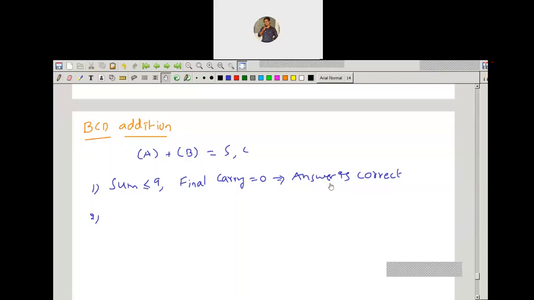The second case is when the sum is less than or equal to 9 as well as the final carry. I'll use a shortcut FC. FC stands for the final carry. Final carry equals 1. And also the third case, when the sum is more than 9 as well as the final carry is equal to 0. In these two cases, whatever answer you obtained is a wrong answer.